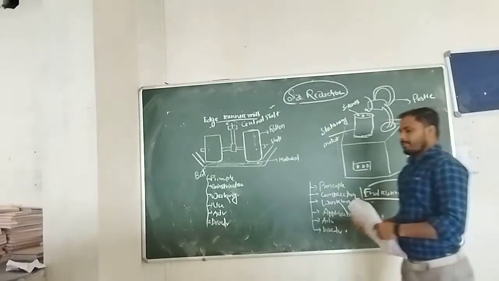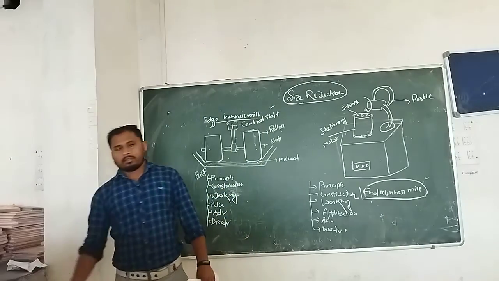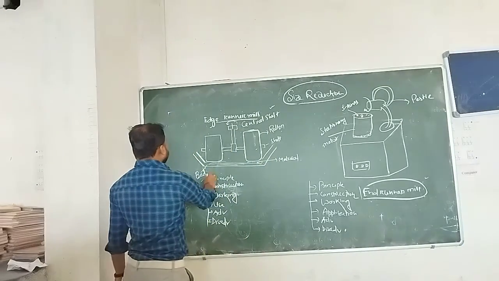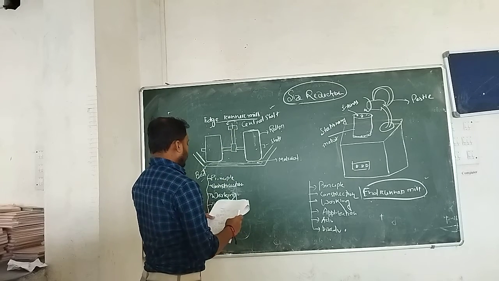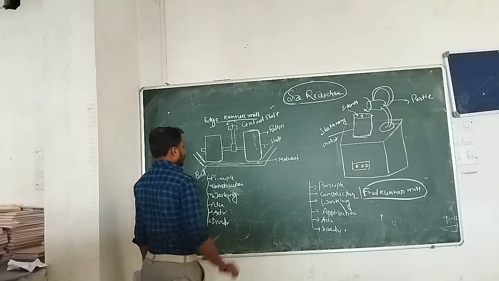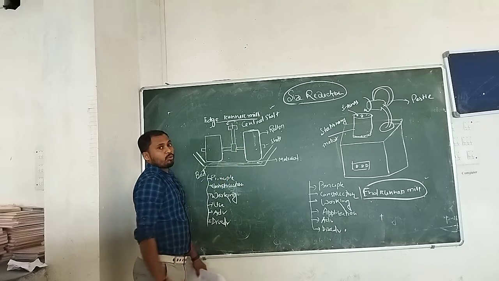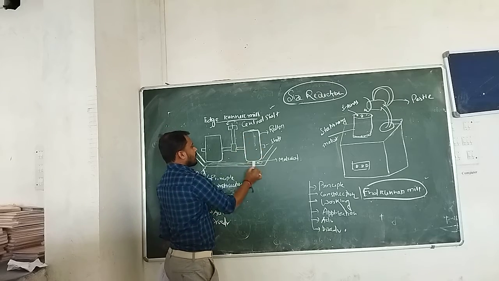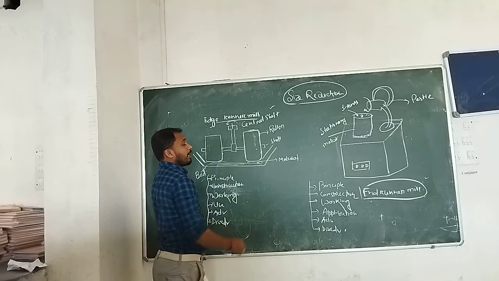Coming to the working principle of this mill. Basically this edge roller mill works on the principle of compression or crushing. Why does it work on compression or crushing? Because here we are using rollers, and these rollers are generally made of stone and are heavy in weight.